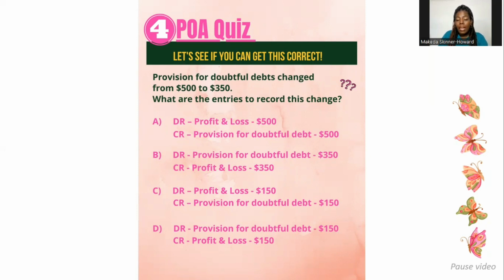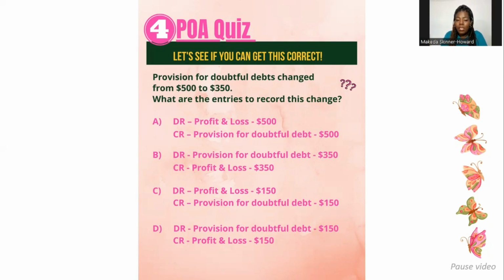So that is going to be added to your gross profit. Whenever we add to the income statement, we are crediting, and whenever we are reducing profits in our income statement, we are debiting. So here, the only option that has credit the profit and loss account or credit profit and loss is option D. So when our provision for doubtful debt decreases, we will be crediting our profit and loss with the decrease.